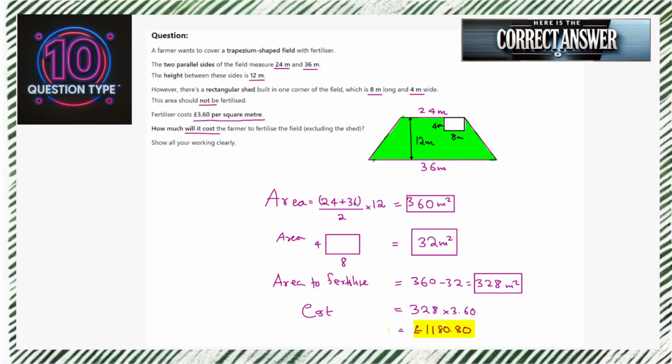So you need to subtract 32 from 360, which means the area to be fertilized is 328 meters squared. And we know the cost of fertilizer is £3.60 per square meter. You just multiply 328 by 3.60, which gives you £1,180.80 as the final answer.